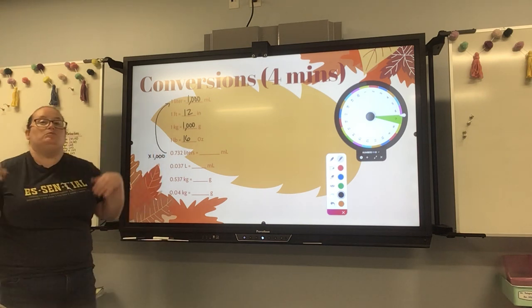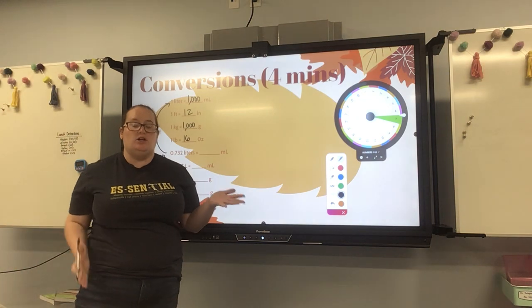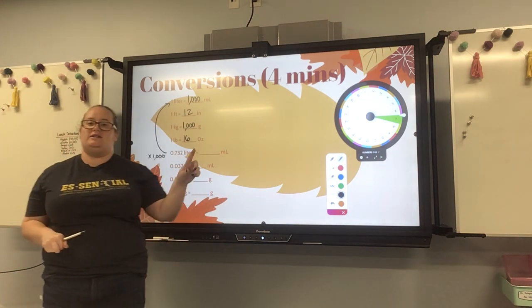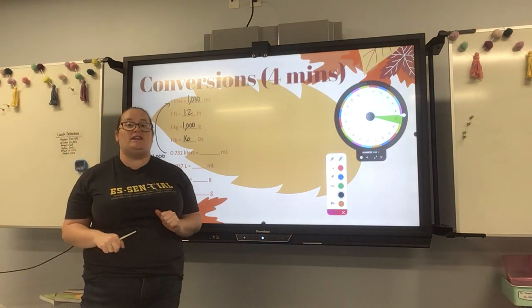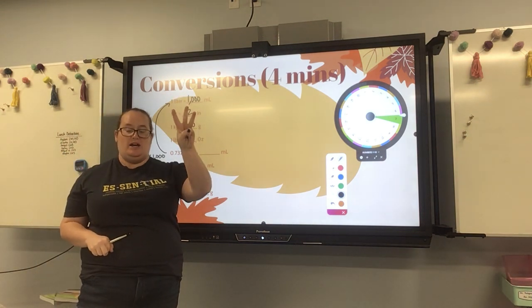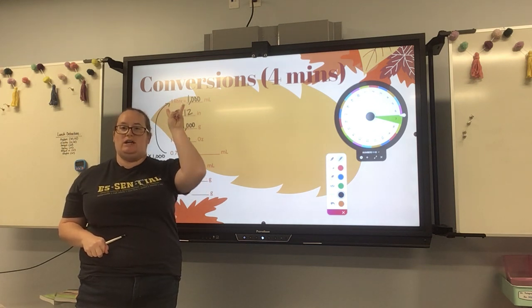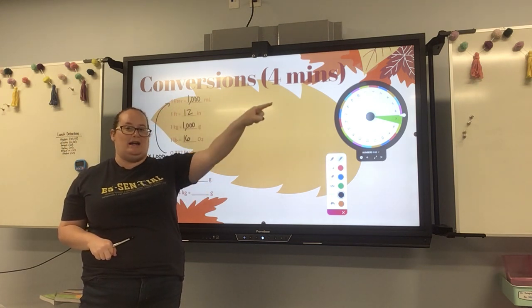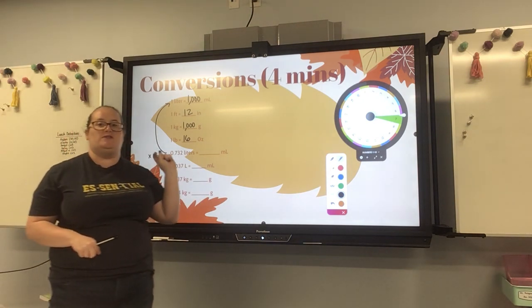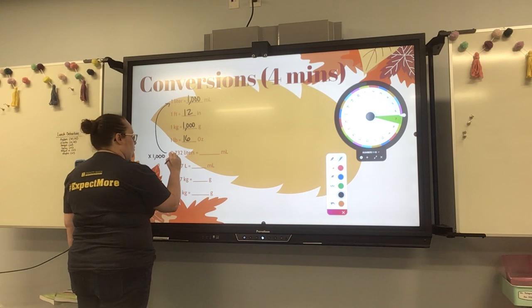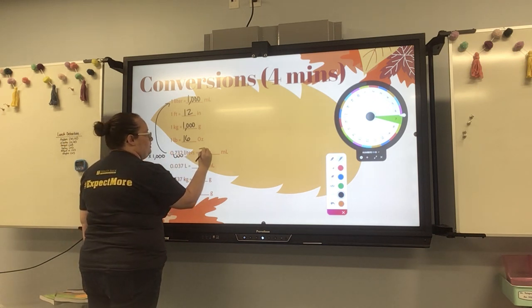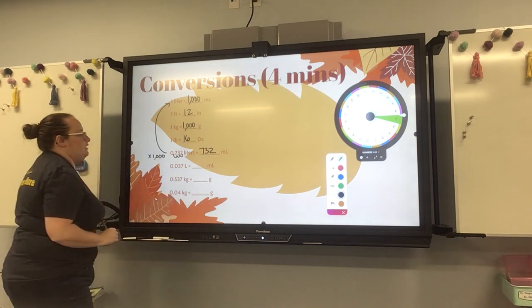But really, multiplying by 1,000 just moves my decimal. For 1,000, everybody show me with your fingers, how many spots does it move? 3. So when we multiply by 1,000, our decimal is going to move 3 spots to the right. When we multiply, the decimal moves to the right, so the number can get bigger. 1, 2, 3. It would be 732 milliliters.